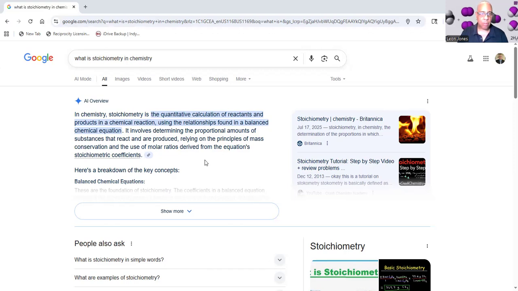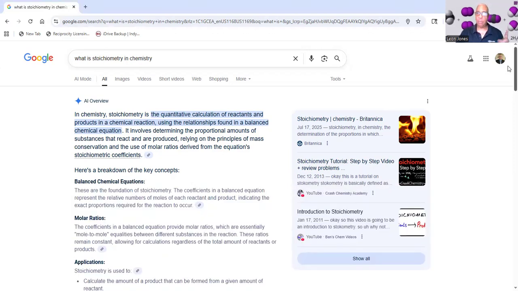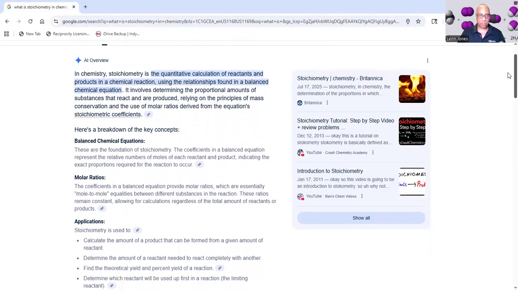That's stoichiometric coefficients. Now, here's a breakdown so you'll know the key concepts. Balancing equations. These are the foundation of stoichiometry. Coefficients in a balanced equation represent the relative numbers of moles of each reactant and product, indicating the exact proportions required for the reaction to occur.